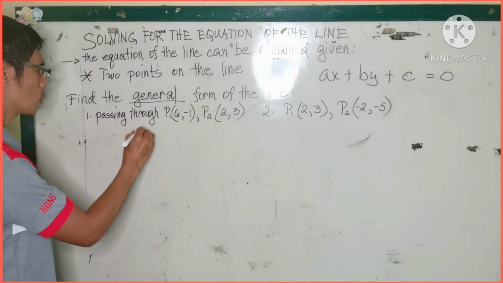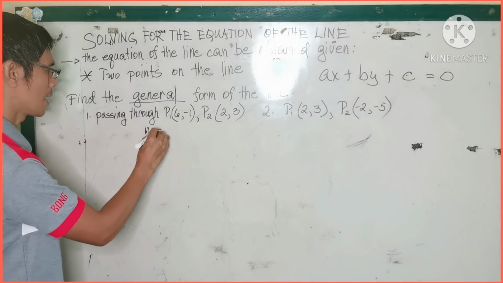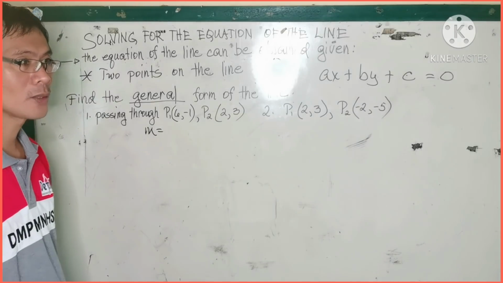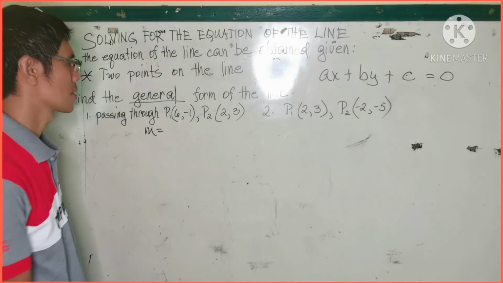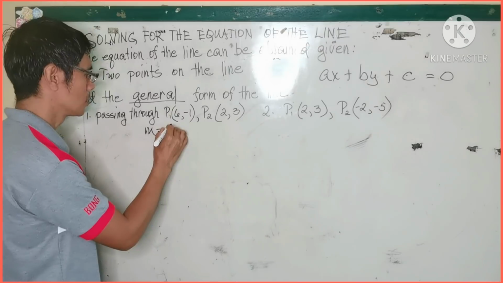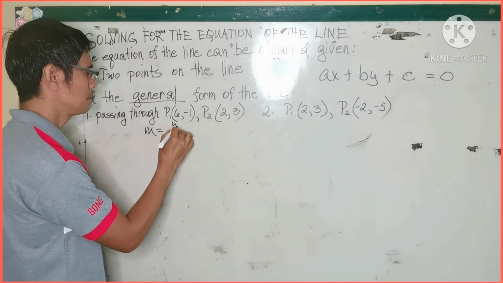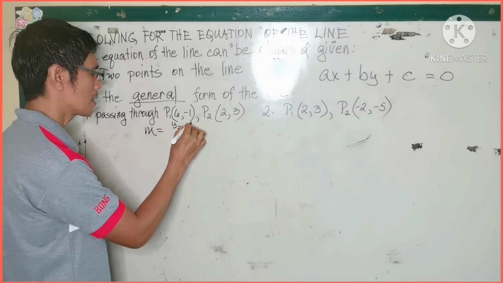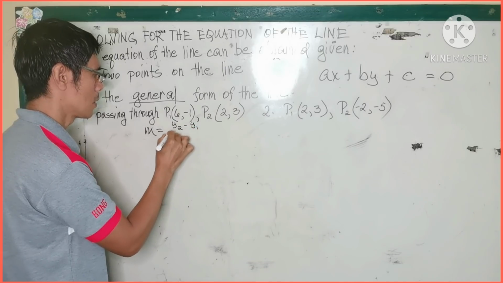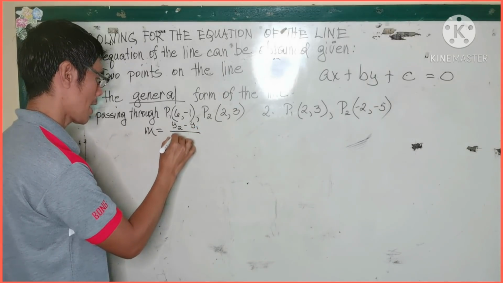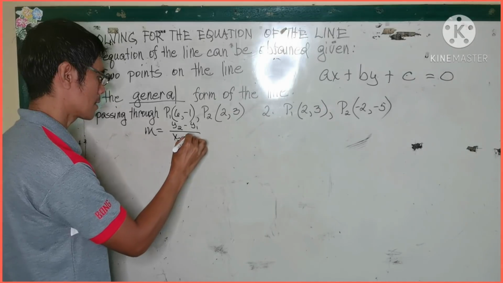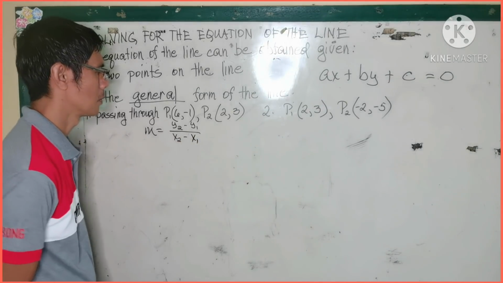First, we are going to solve for the slope. How do you solve for the slope? So the slope is simply equal to y sub 2 minus y sub 1 all over x sub 2 minus x sub 1.